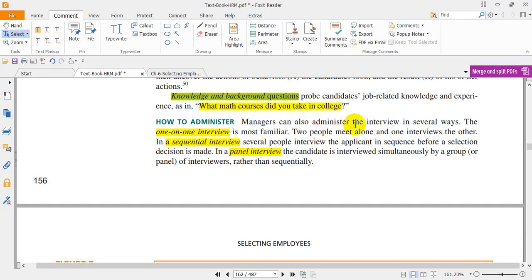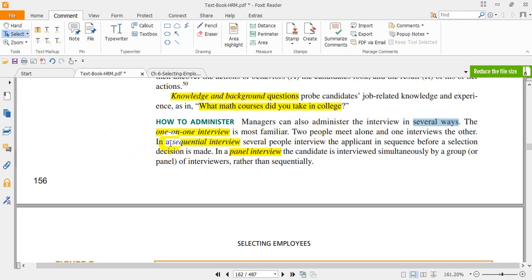Managers can administer the interview in several ways. The one-on-one interview is familiar. Two people meet alone and one interviews the other. The interviewer on one side and the interviewee on the other side.